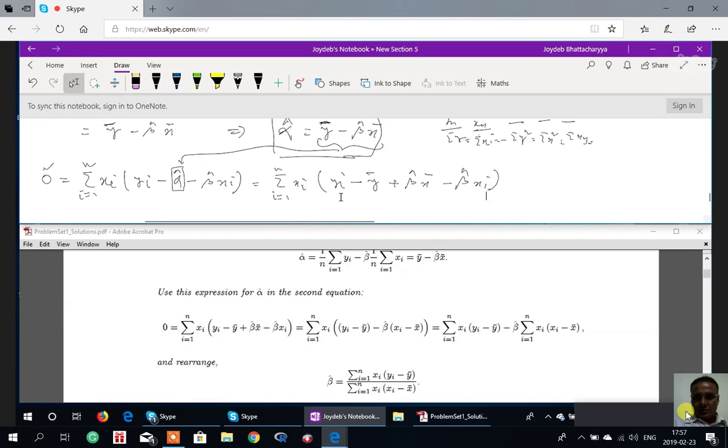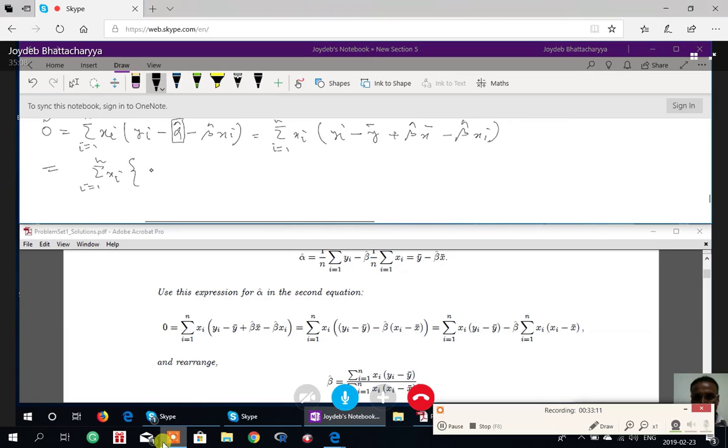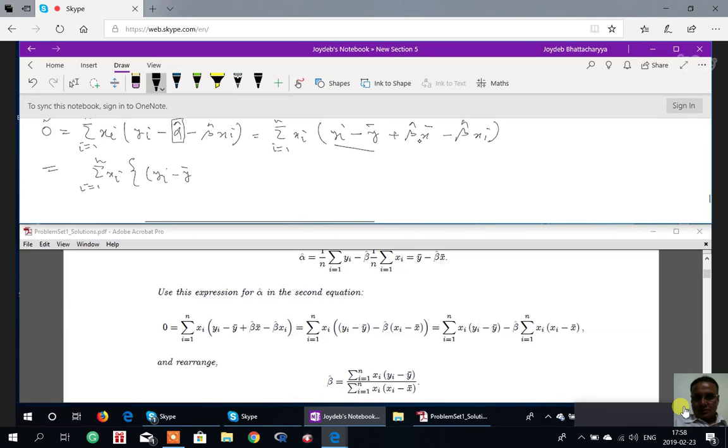Now if we rearrange it a little, this will be equal to summation xi, i running from 1 to n, of the bracket (yi minus y bar), the first grouping, and then if you take this beta hat out, with the sign changed to minus beta hat, it will be (xi minus x bar).